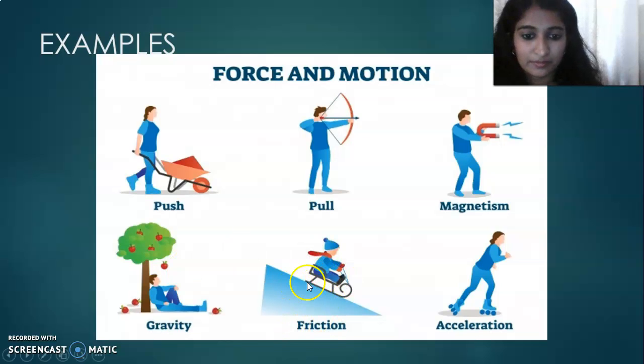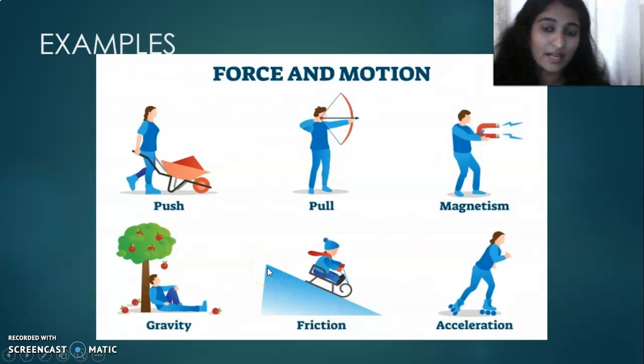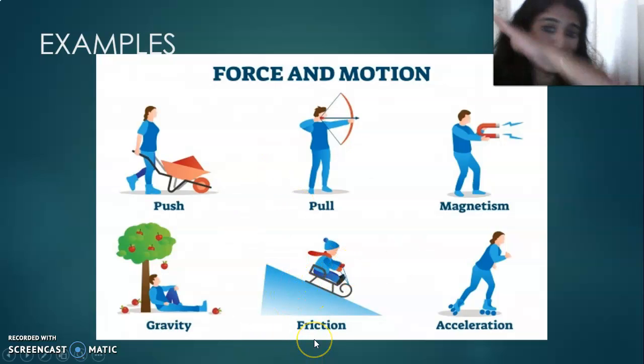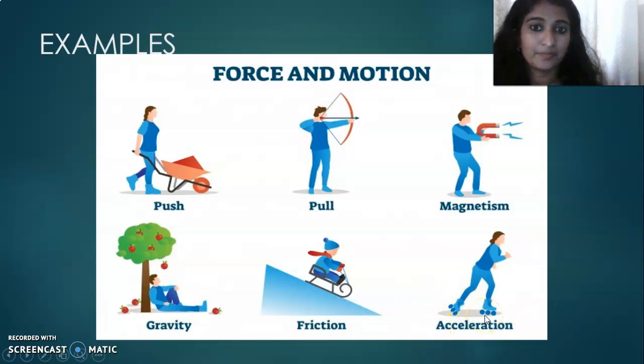You can see another type of force, which is called friction. Here the object is sliding. We can't apply any force. It is based on friction with the ground. It is called frictional force on a sliding object. And when an object moves faster, it is called acceleration.